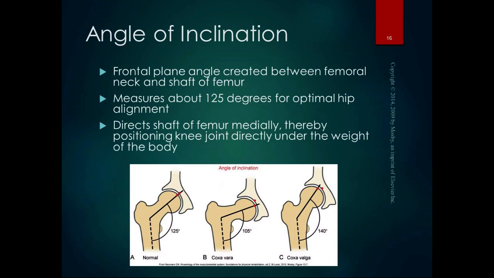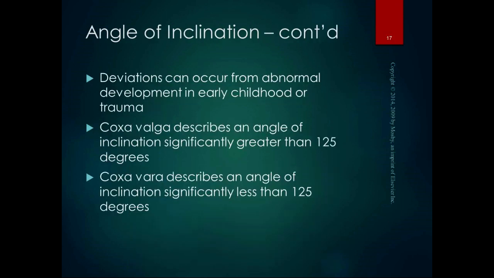If you have a greater angle, the shaft of the femur is going to have to move laterally. So basically, with coxa vara, you're going to end up kind of knock-kneed, or genu valgum, it's called. We'll talk about that more when we get to the knee chapter. And with coxa valga, you're going to end up kind of bow-legged. So the angle of inclination changes the angle of the shaft of the femur in order to maintain joint congruency.